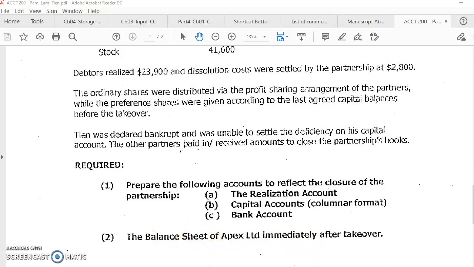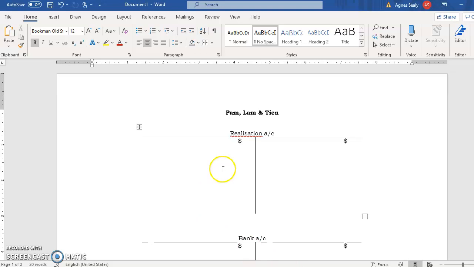So now let's look at the first account, the realization account, and we are going to follow our accounting entries for the dissolution of partnerships. So this is our solution, Pam, Lam, and Tien.